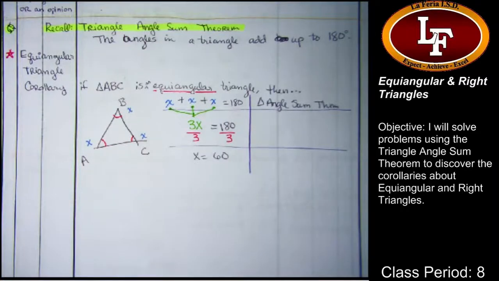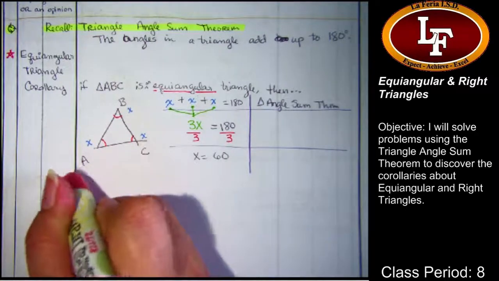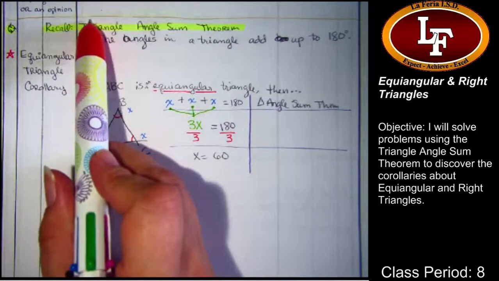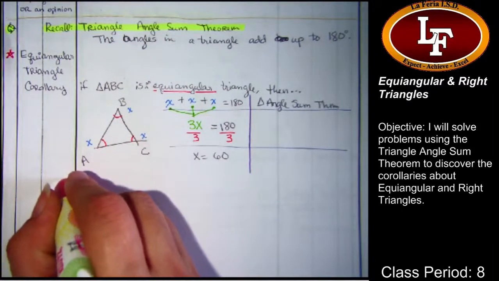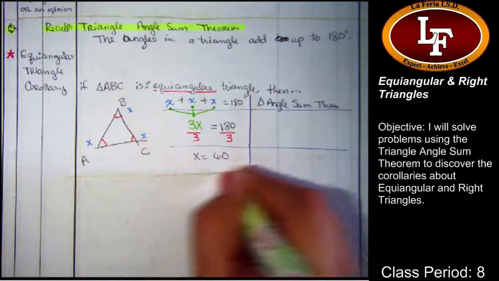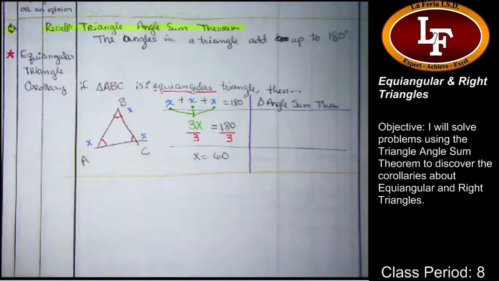Fantastic. Thank you. Take the same pen or highlighter that you used up here to do this big divider bar and do another divider bar, but don't go from edge to edge. Just go from that left margin to the edge of the paper. We're doing a small division. It's related to this stuff, but it's different from the equiangular triangle corollary.